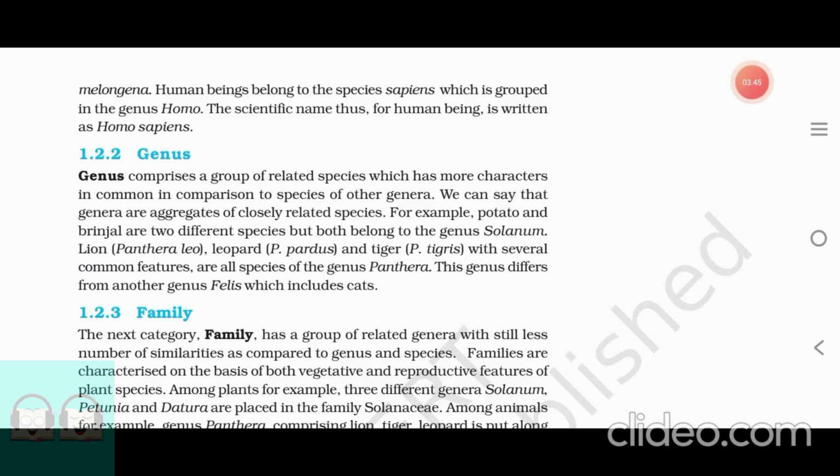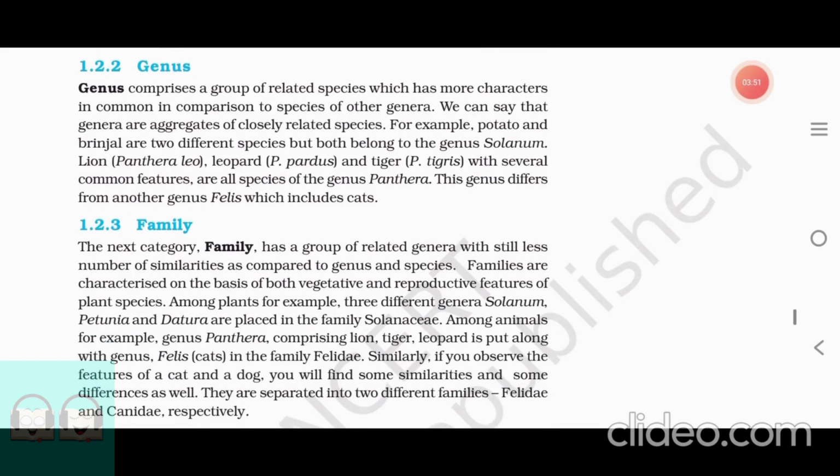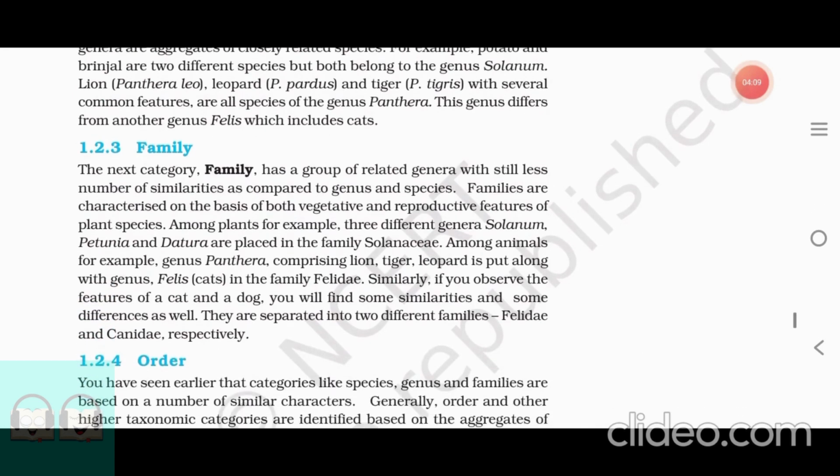For example, potato and brinjal are 2 different species but both belong to the genus Solanum. Lion, Panthera leo, leopard, Panthera pardus, and tiger, Panthera tigris, with several common features, are all species of the genus Panthera. This genus differs from another genus Felis, which includes cats.